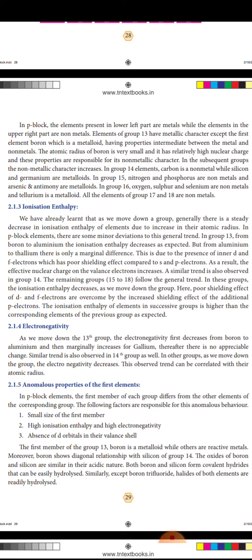In other groups, as we move down the group, the electronegativity decreases. This observed trend can be correlated with their atomic radius. Atomic radius is indirectly correlated with the shielding effect of d and f orbitals.